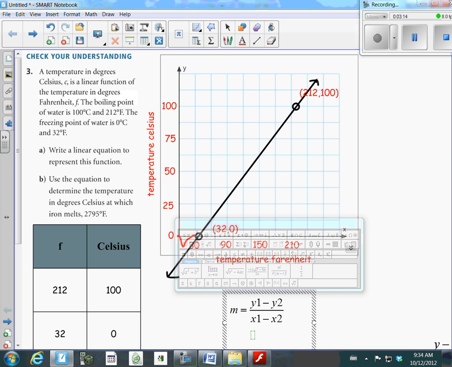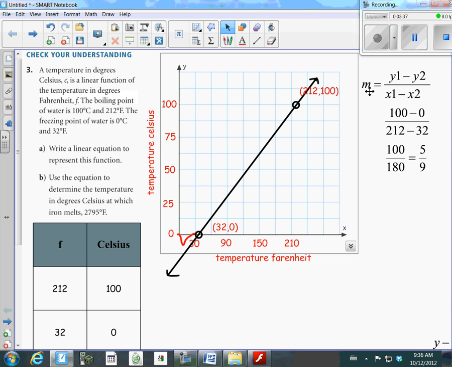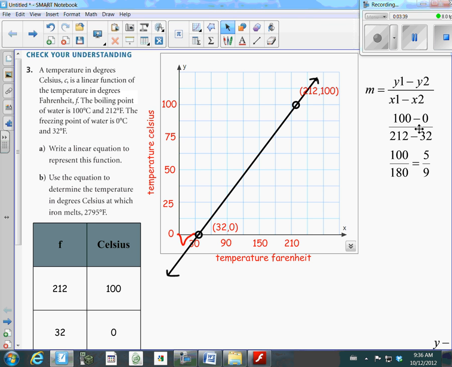So that leaves us with, pick a y coordinate, I'll pick 100. 100 take away 0 divided by 212 take away 32. So once again, 100 take away 0 divided by x1 take away x2, 212 take away 32 leaves us with 100 over 180, which simplifies to a slope of 5/9.